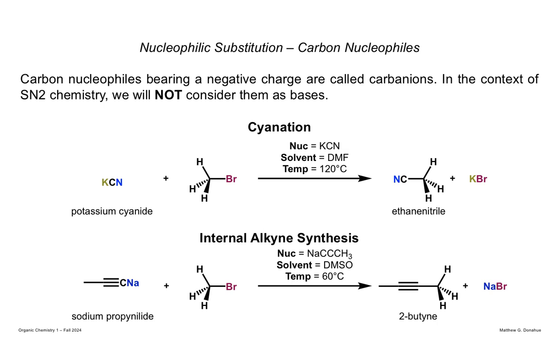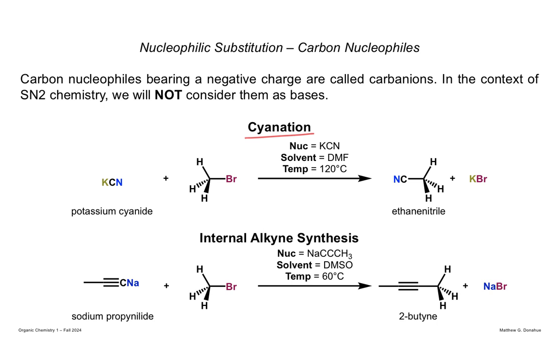So over the next couple of slides, we'll just move across the periodic table, look at carbon, nitrogen, and oxygen nucleophiles. And so again, these are the way you get those elements into your molecule. So the first one is called cyanation.